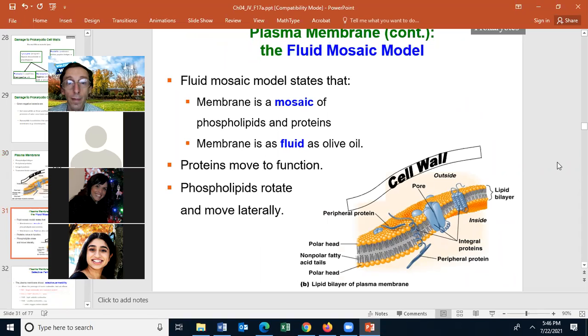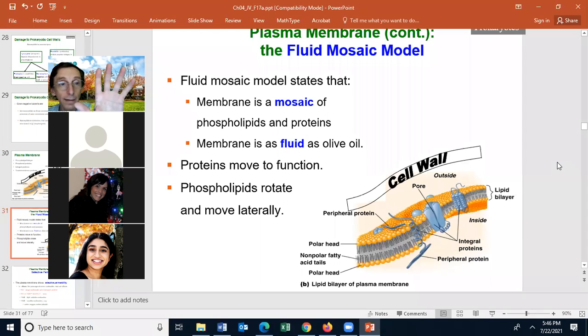All right. The plasma membrane follows the fluid mosaic model. The fluid mosaic model states that the membrane is a mosaic of phospholipids and proteins. And it states that the membrane is as fluid as olive oil.